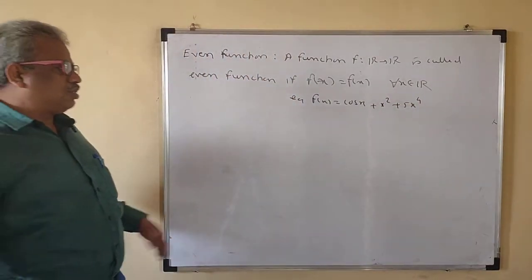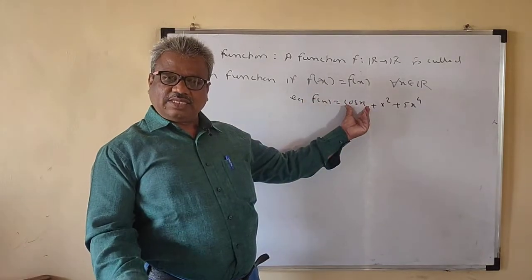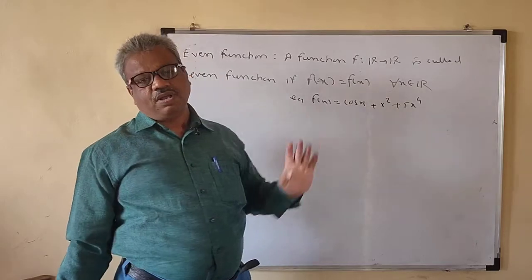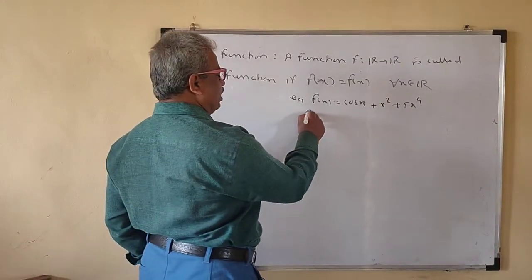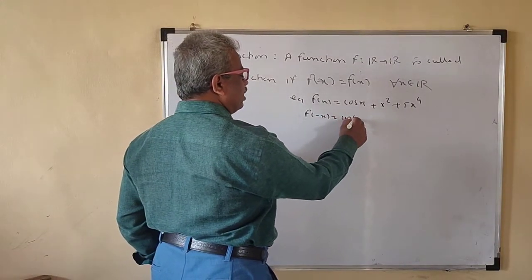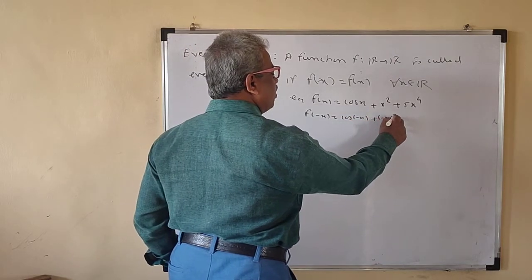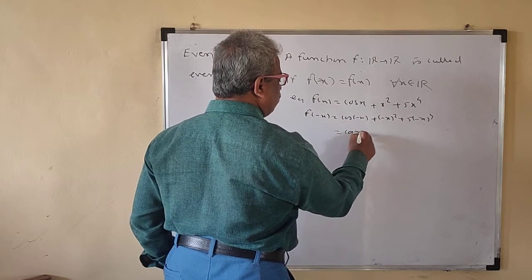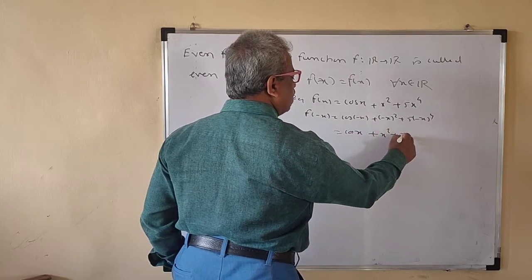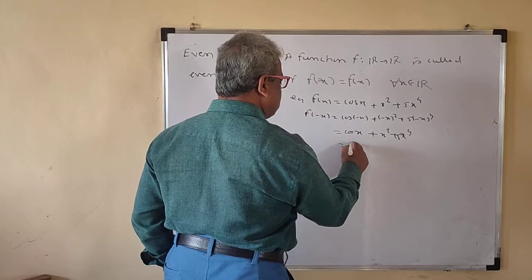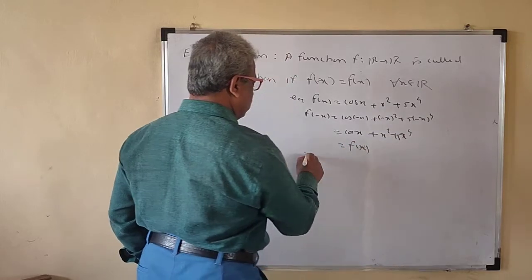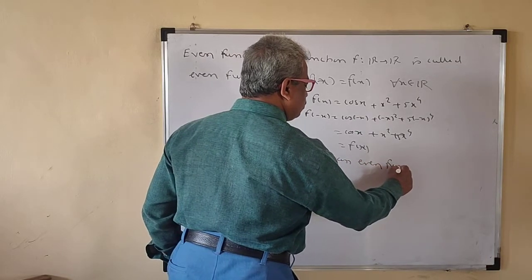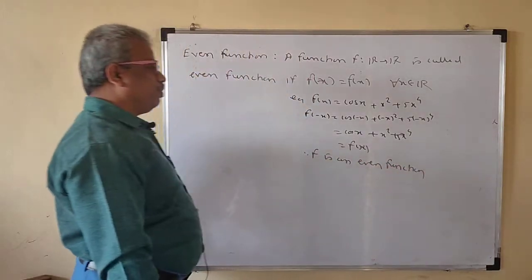Now see f of minus x: cos of minus theta is cos theta, and minus x squared is x squared. So f of minus x is cos x plus x square plus 5x to the power 4, which is your f of x. Therefore f is an even function.